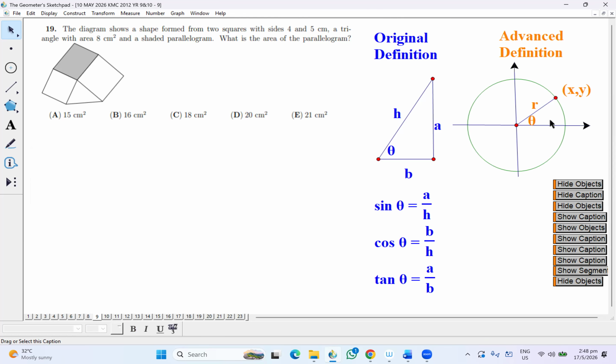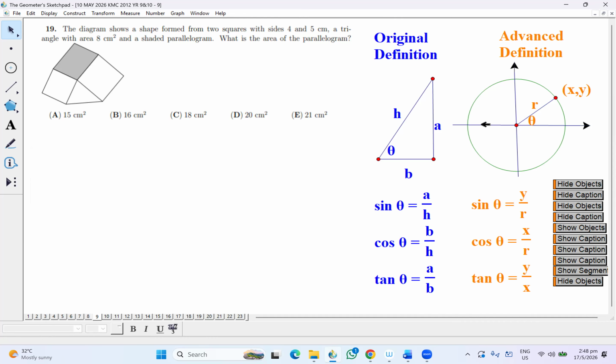For the angle theta, they define using the coordinates. Sine theta is y over r. Cos theta is the x coordinate over r. R is the radius of the circle. Then tangent is y coordinate over x coordinate. So it still fits the definition of the original triangle.